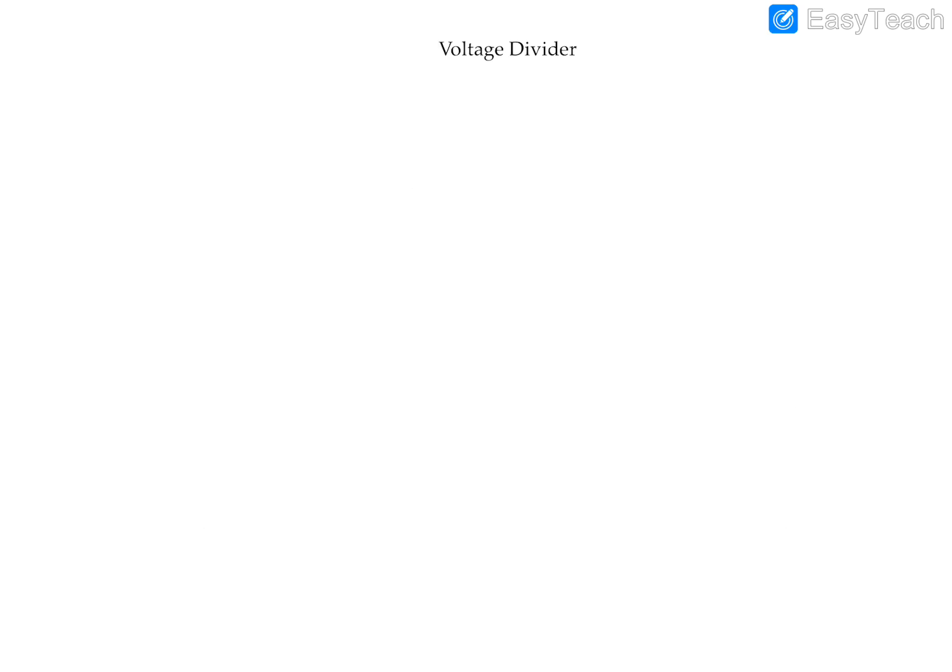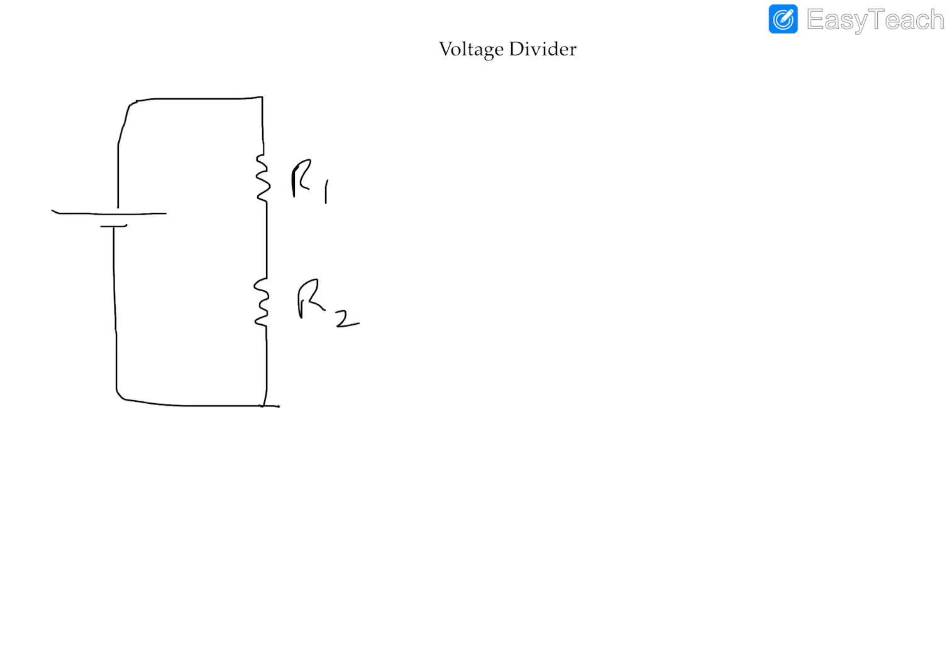So let us look at what a voltage divider circuit looks like. It's basically nothing but a voltage supply with two resistors connected in series, R1 and R2. We're going to call the supply Vin. If I connect a multimeter or a voltmeter and call this Vout, I'm going to get my divided voltage.